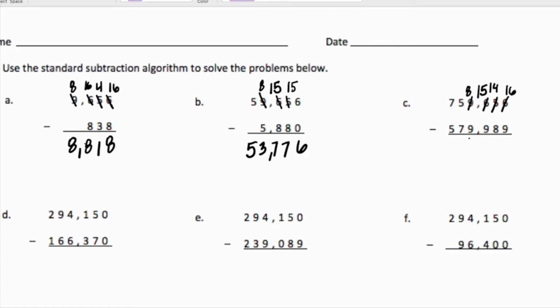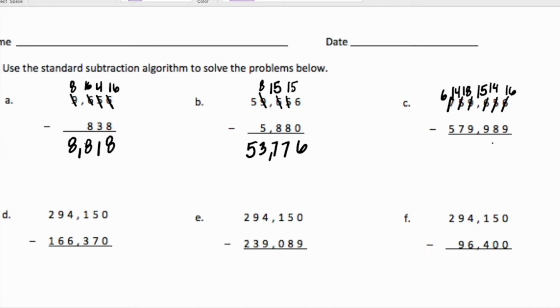I can't do 8 minus 9. So I'm going to take from the 5. 5 becomes 4. And the 8 becomes 18. Now I can do 18 minus 9. I can't do 4 minus 7. So I'm going to take from the 7. It becomes 6. And this 4 becomes 14.